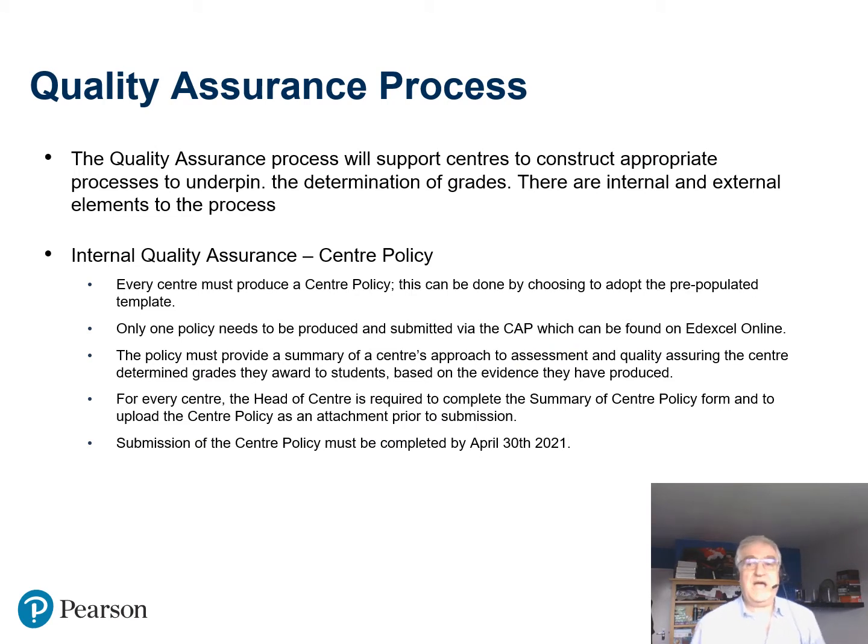So what we have is a centre policy, a review of centre policy, and then post the 18th of June sampling to see if the centre policy has been followed. Those essentially are the steps.